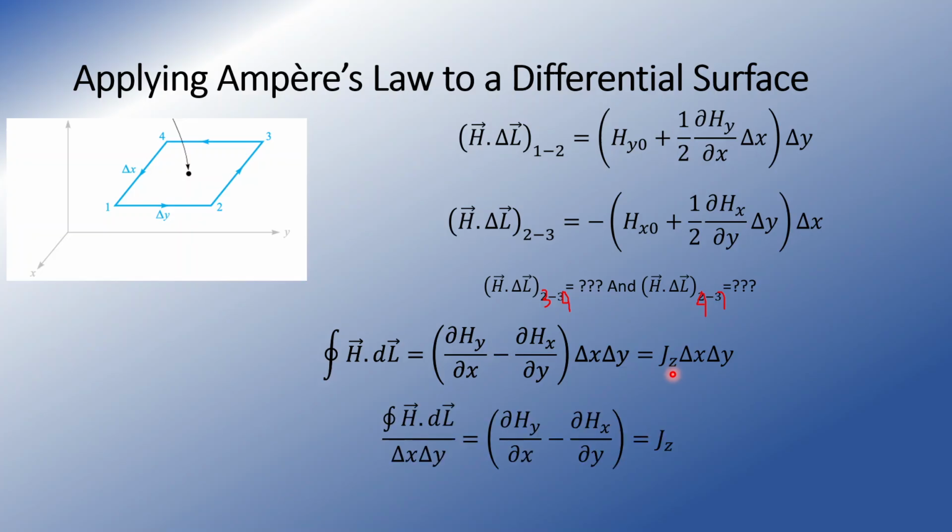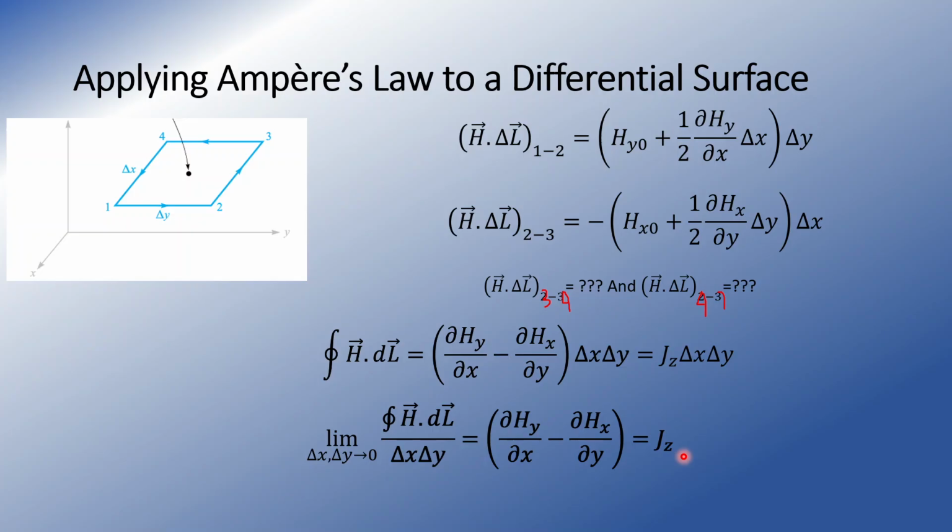So now this H dot dl divided by the given area will give us the current density, and as this area shrinks to 0, we get the current density by applying the limits. Limit delta x, delta y tending to 0, closed integral of H dot dl over the area delta x delta y is Jz.